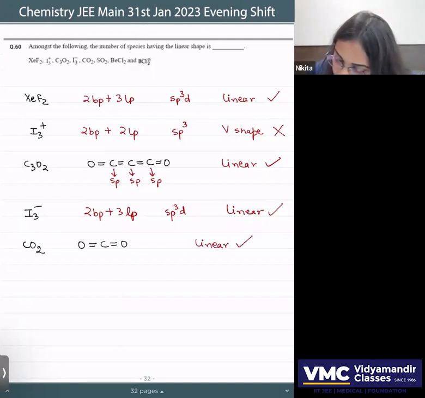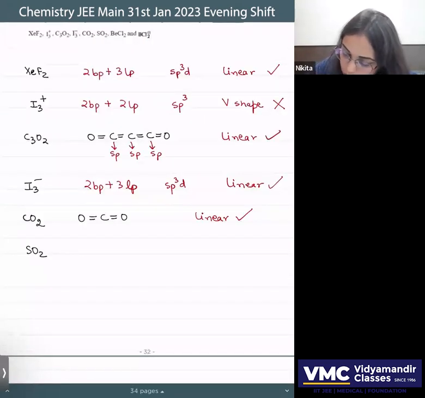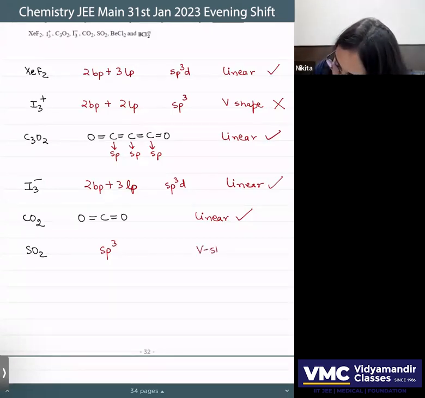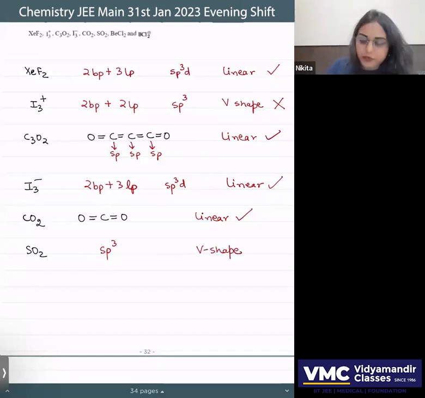Correct? Next we have is SO2. In the case of SO2, we have sp3 hybridization, right? In this also, due to presence of 2 lone pairs, the shape becomes V shape. Next we have BeCl2.